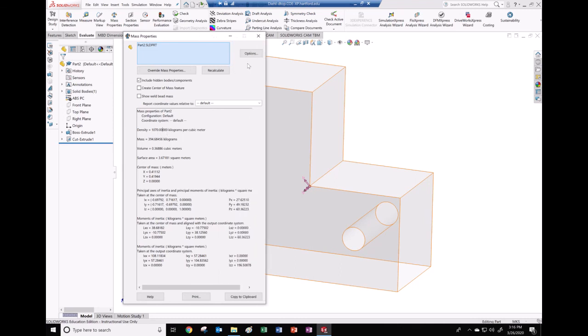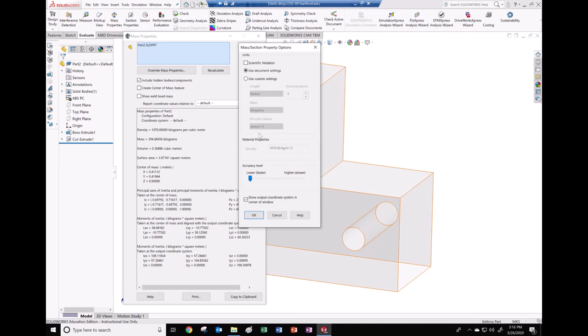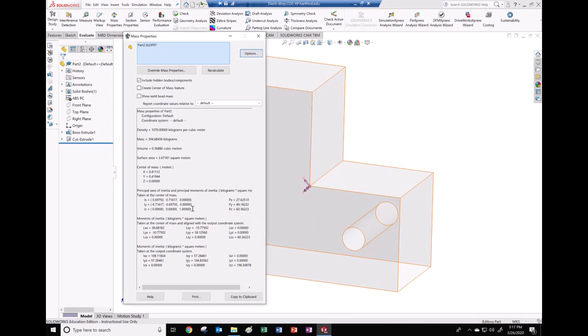So I need to see if I can fake that out and use custom properties here, and it won't let me do that density, huh? That's annoying. This is one of the issues I have with my Solidworks account here, is that they don't let you change library functions in things.